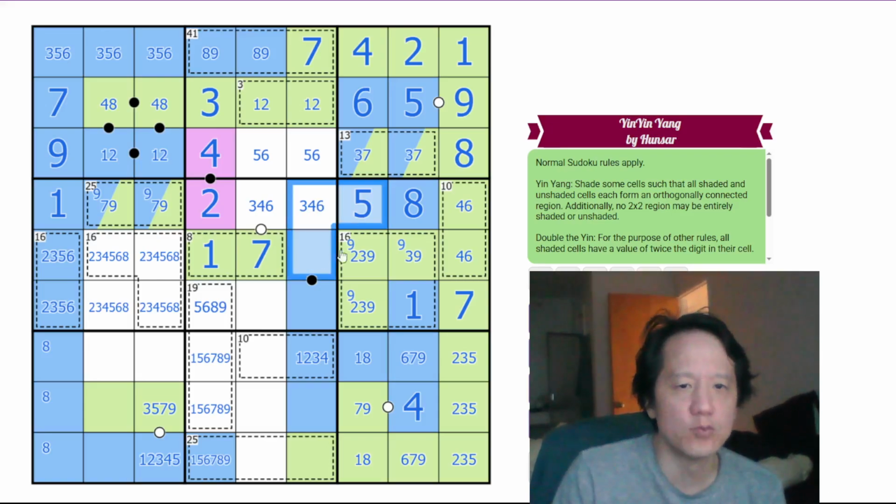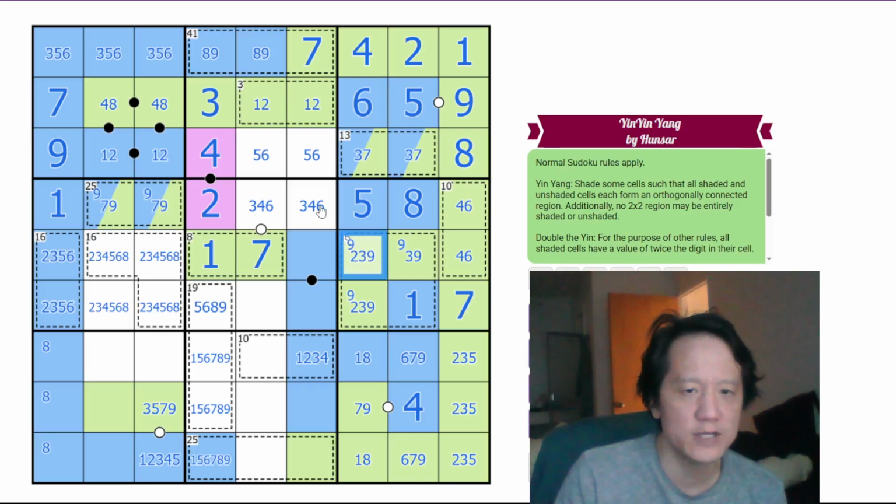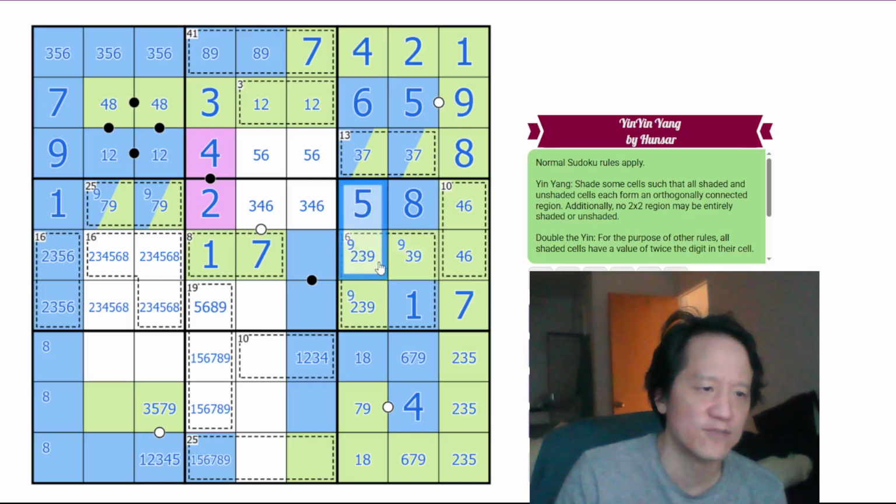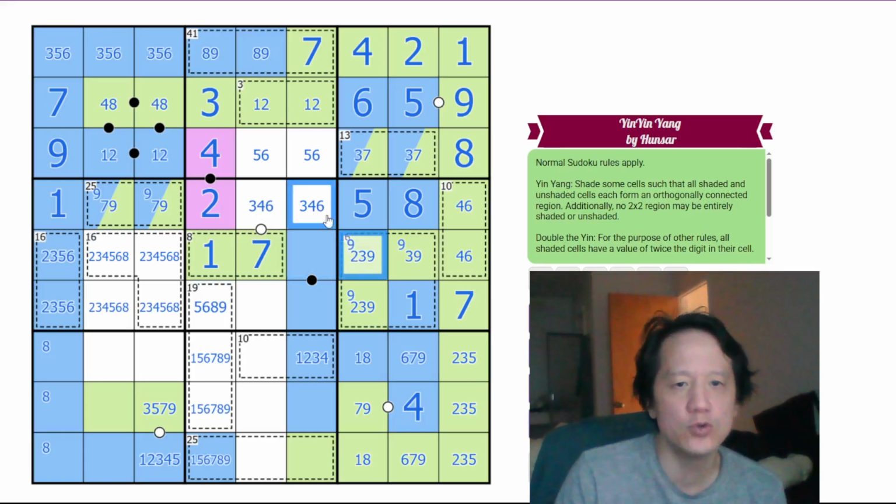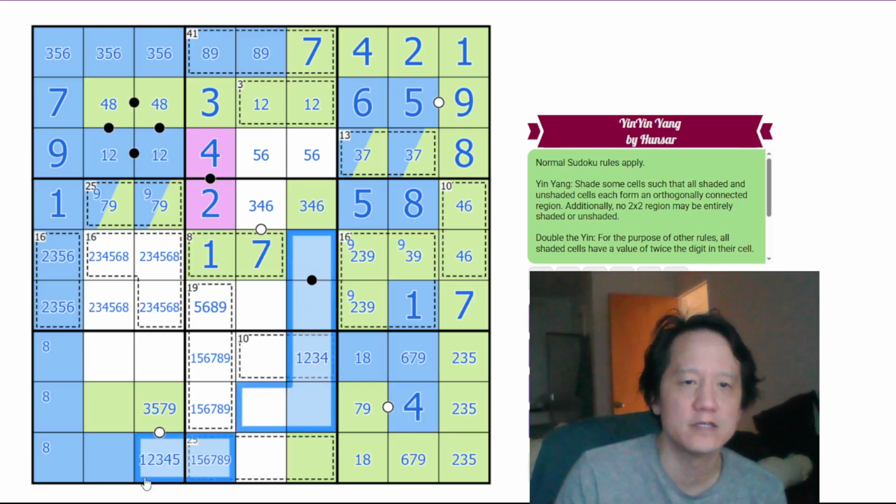Okay, so the other logical deduction you can get for yin-yang shading is if you have 2 of the same shading diagonally across from each other, the other 2 cannot be the other set diagonally across from each other. There has to be 1 that's the same shading and then 1 that's the different shading. Because if you had 2 green here, how does this blue connect orthogonally?